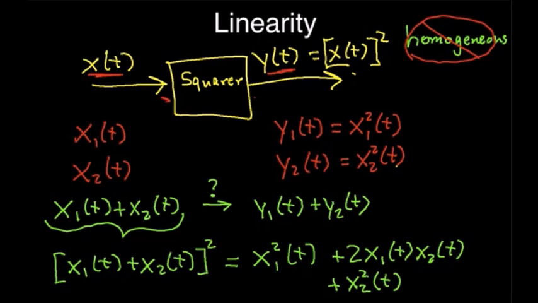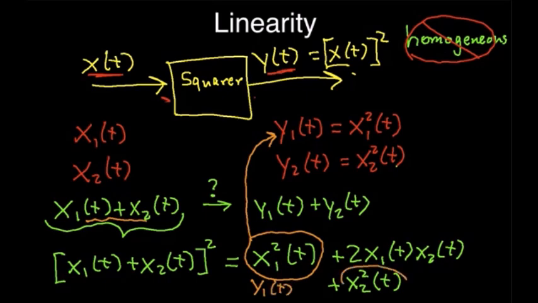Now we can start comparing what we have coming out of the system in response to this going in. The term x1 squared of t looks exactly like the term that I get when I put x1 of t in. So this here I can now say is y1 of t. Similarly, x2 of t squared is exactly what I get when I put x2 into the system.